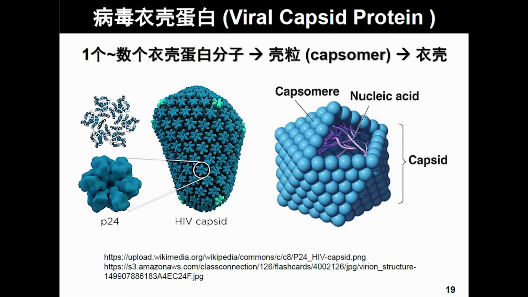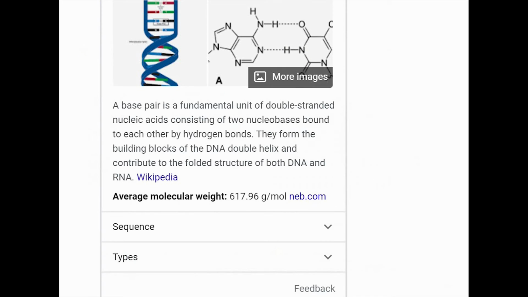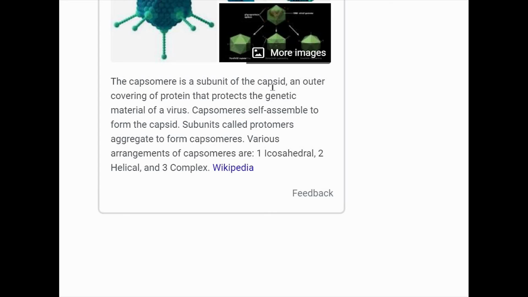Okay, now let's learn different parts of the virus. What is capsid? Capsid is this. Capsid is made up of capsomeres. Now let's know what is capsomere. A capsomere is a subunit of a capsid. So small capsomeres, when they come together, will make the capsid.